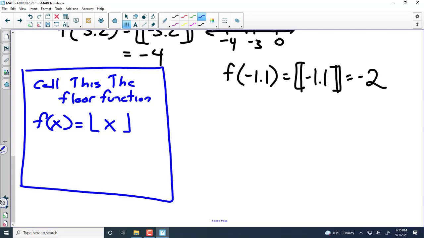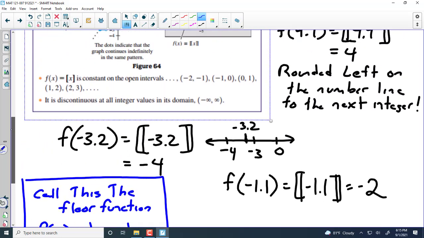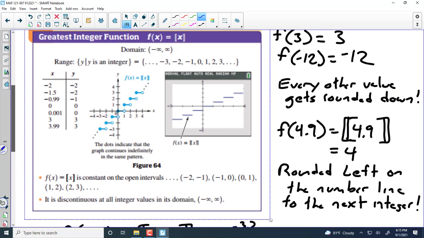Yeah, question? Was the range on this guy also -infinity to infinity? It's not -infinity to infinity because only integers can come out. So even though the integers could be as small as you want or as large as you want, they're still just integers. So we cannot write them in interval notation. What we have to do is write a list that indicates every single integer.